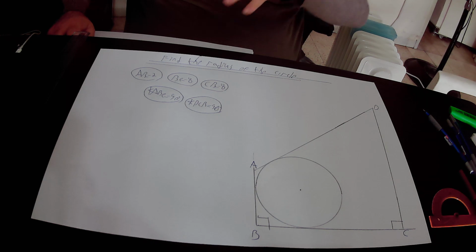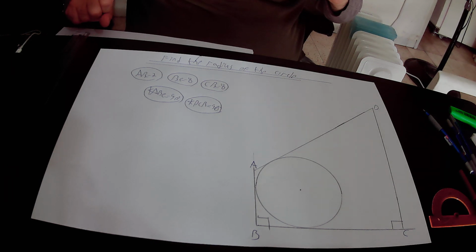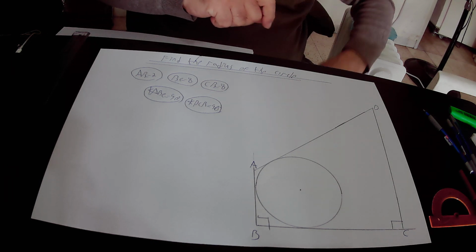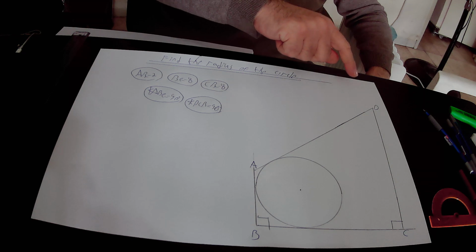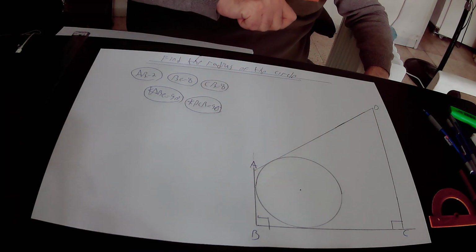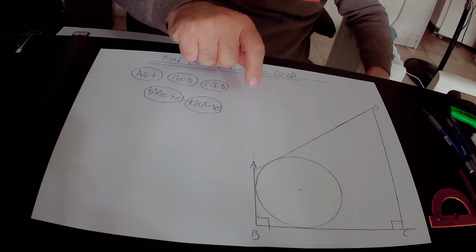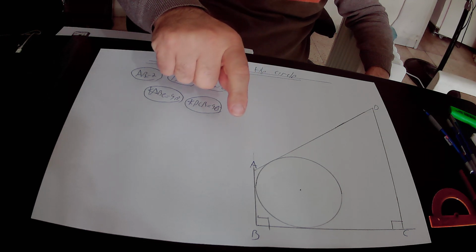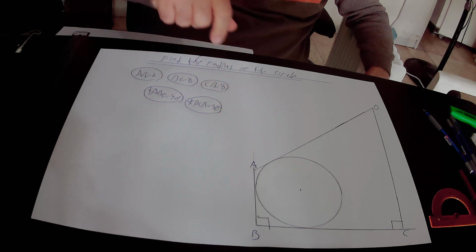So first of all, we will do a construction. That is to say, we will extend side DA and side CB of this quadrilateral ABCD until the two extended sides touch each other.